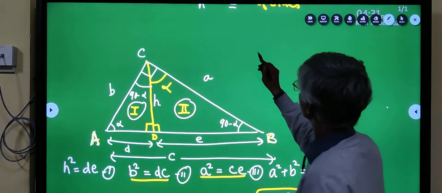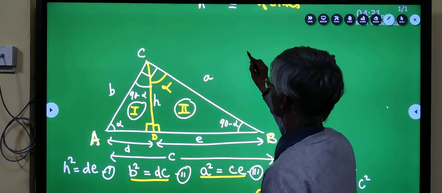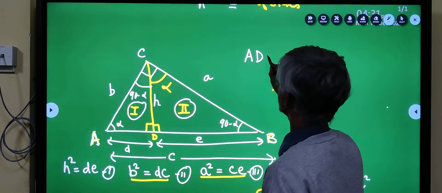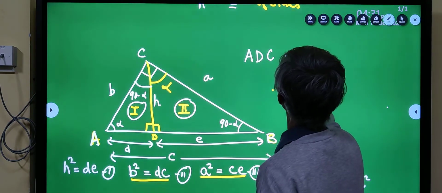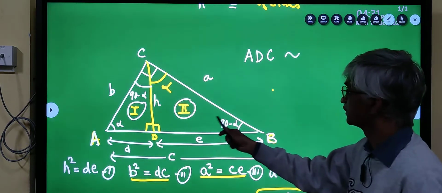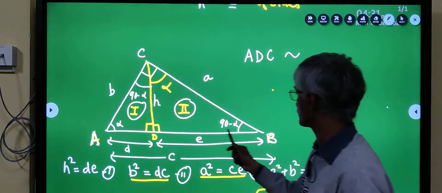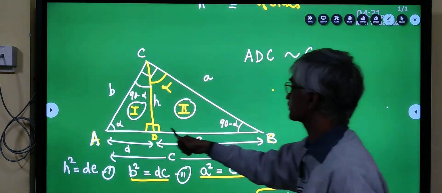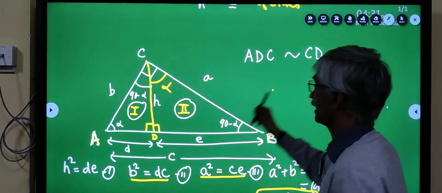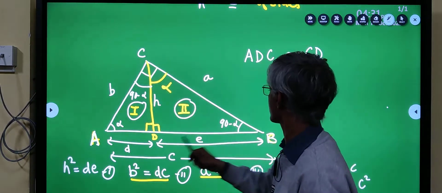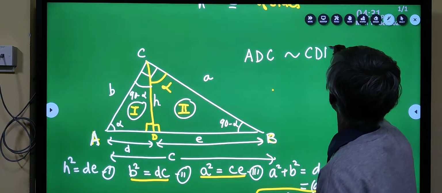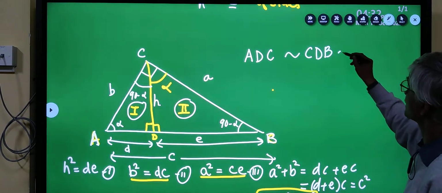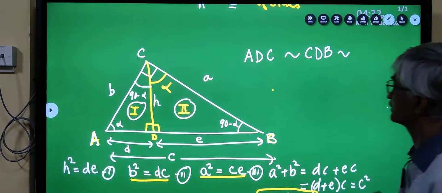So let's do that. We are talking about triangle 1, which is ADC, is similar to triangle 2. Now angle A corresponds to angle C in triangle 2, angle D corresponds to angle D, and angle C corresponds to angle B. So I got the correspondence right, and this itself is similar to the mother triangle.